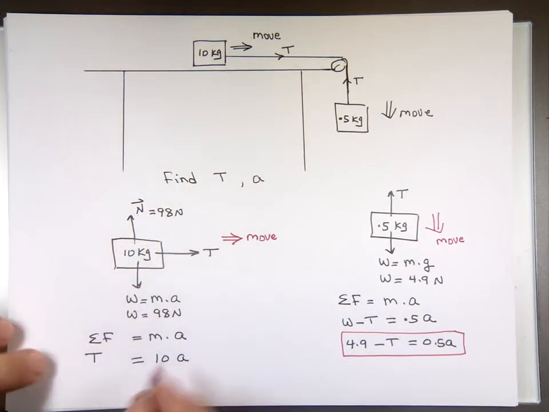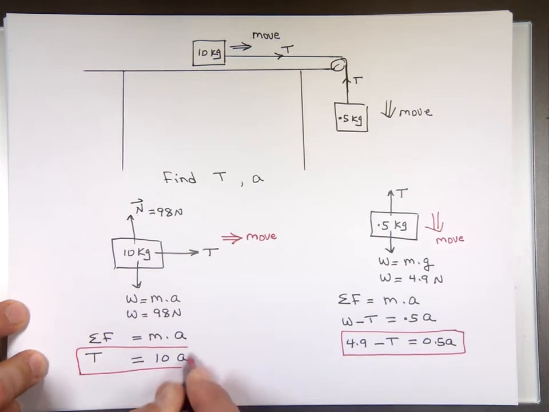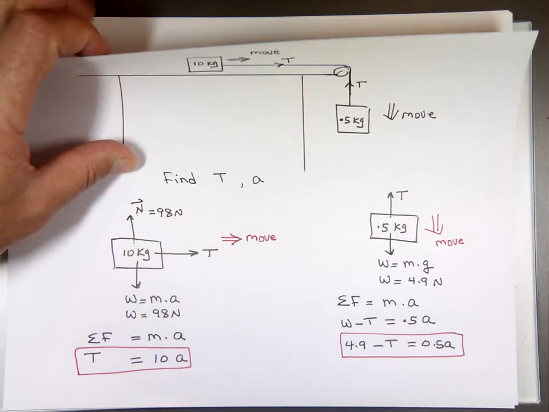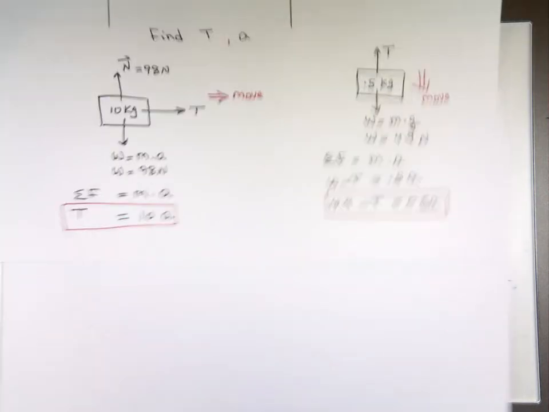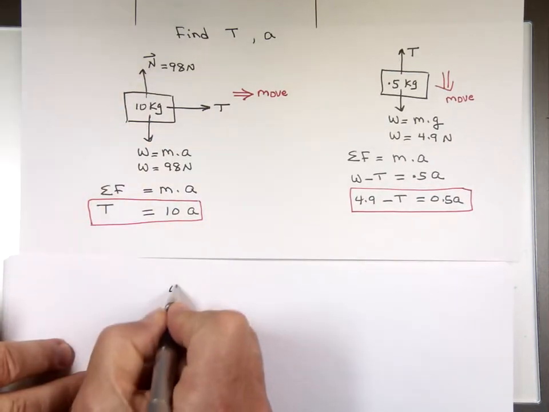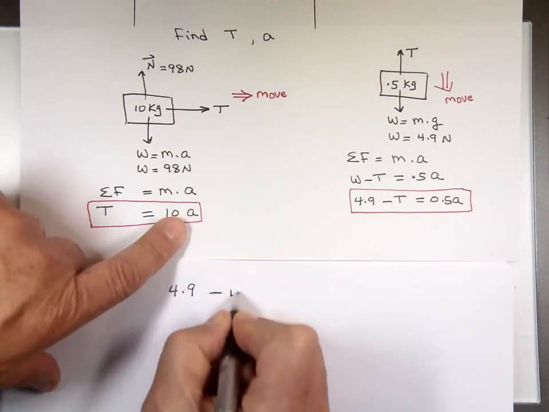How many unknowns do we have now? We have two equations with two unknowns. Now can we solve this? The physics is over. Now it's math. Yeah, we use substitution. 4.9 minus T. What's T equal to? 10a.